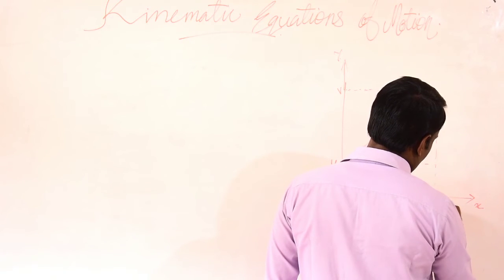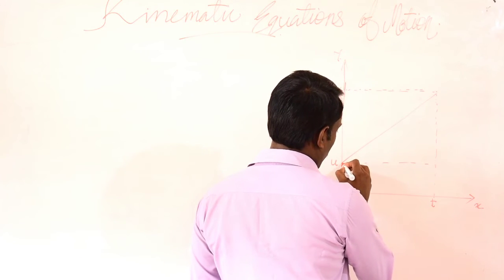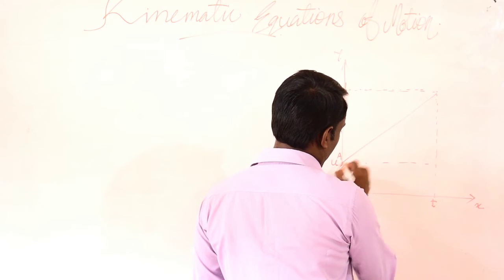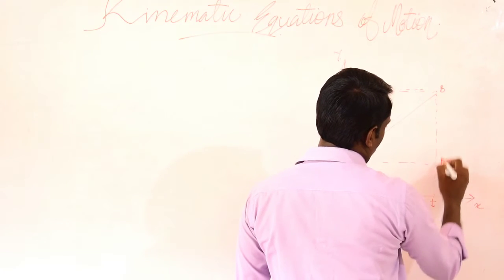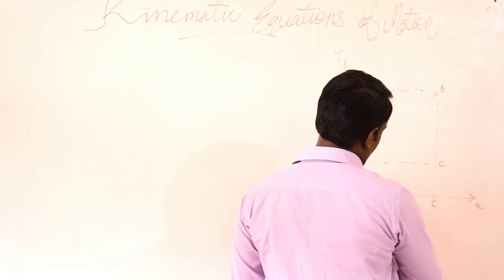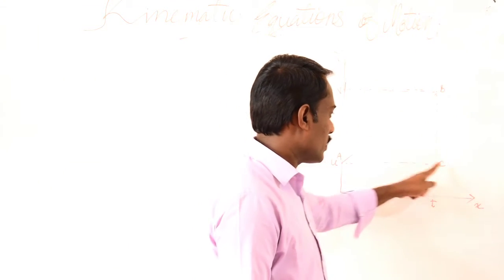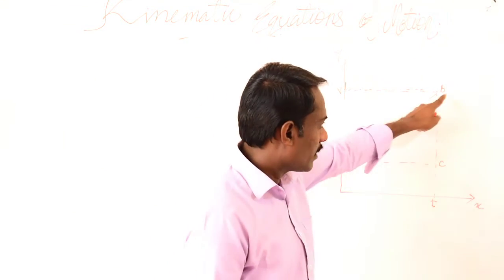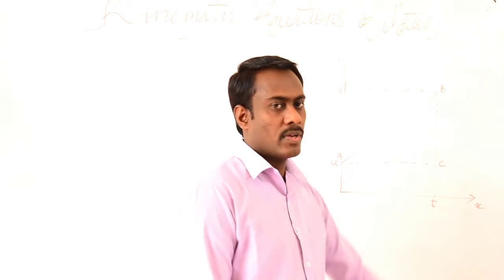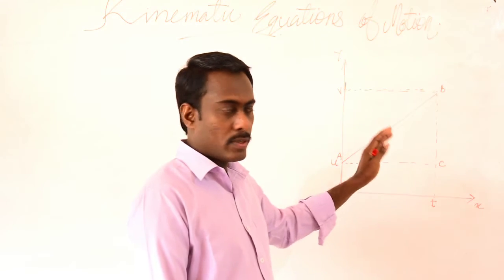This is the time t, and we give this point, the initial velocity at the point A, as u, and the final velocity at the point B, and this point is taken as C. So we have a triangle ABC here, and the slope of AB gives the acceleration of the moving object.